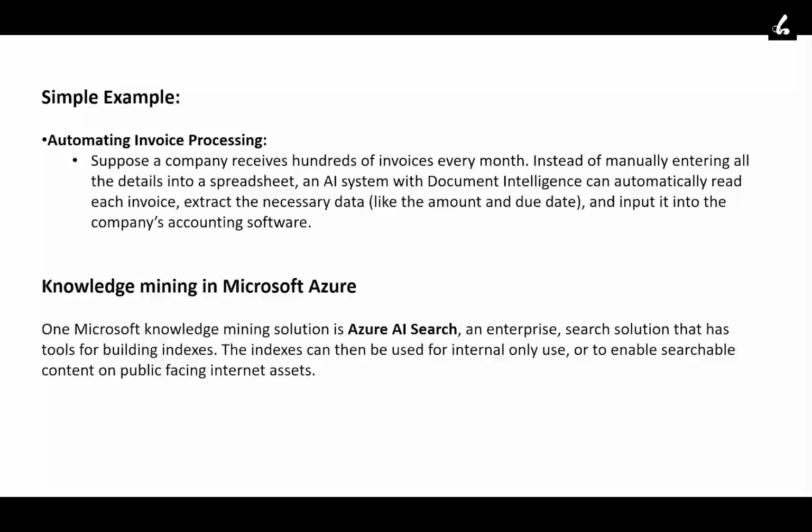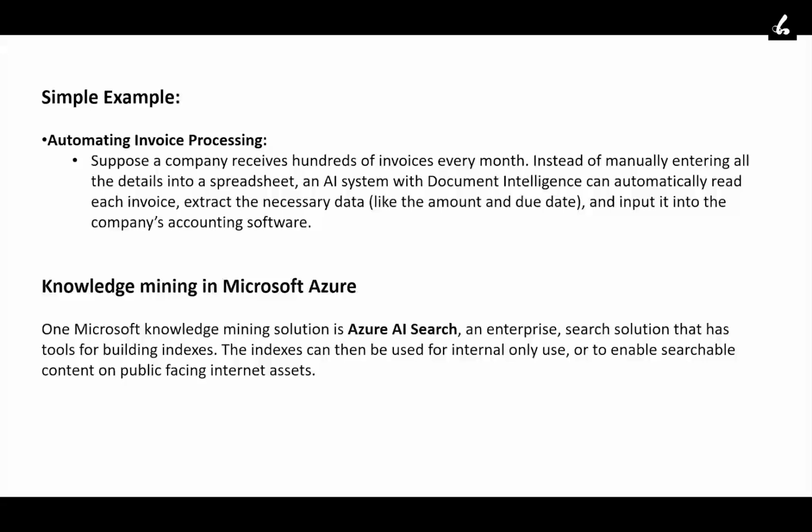To segregate all the data is not an easy task, as we need to read them one by one. But if we take the help of automatic invoice processing, instead of manually entering all the data into a spreadsheet, the AI system with document intelligence can help us read each and every invoice.